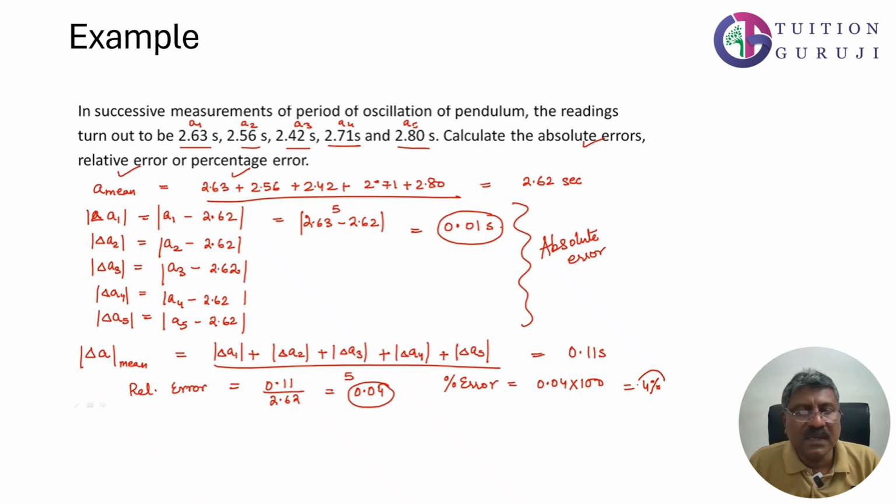Like that we have to find out delta A2, delta A3, delta A4 and delta A5. Now if you take the average or mean of all the relative errors, you will get the mean relative error. And if that value is multiplied by 100, you will get the percentage error.